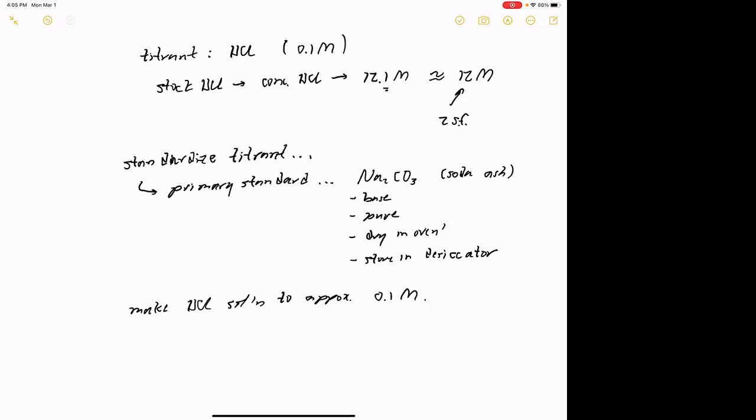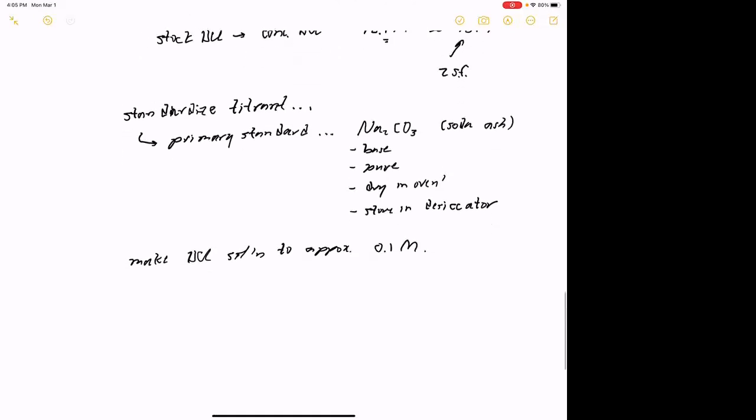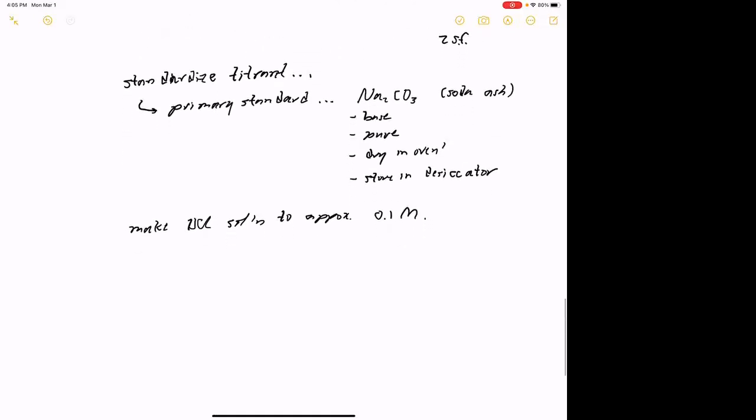Then what we're going to do is we're going to standardize it against the primary standard. Okay, so now we're going to have the HCl reacting with the primary standard, which is this, Na2CO3, sorry. Okay, that's all aqueous. We can write this as a molecular equation here because it's easy.